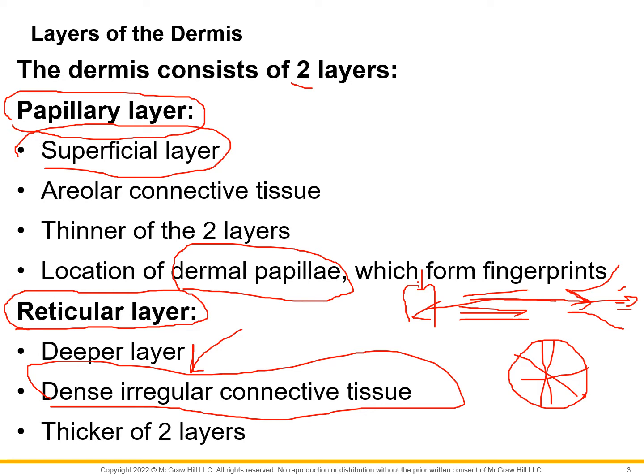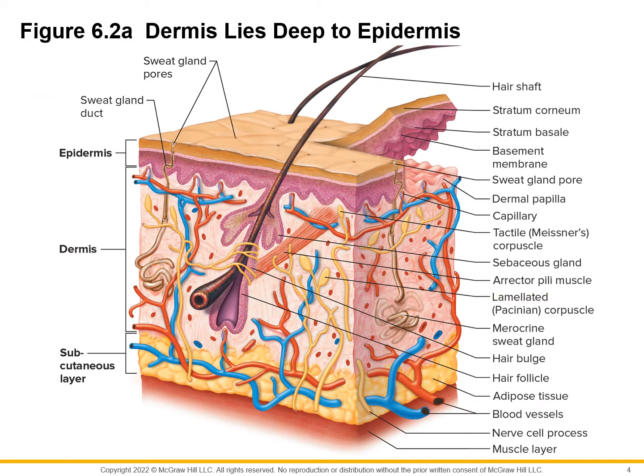And again, it is this reticular layer that is the deeper of the 2 layers. So I have a papillary layer and a reticular layer. So on this, if I just drew it right here, this little part right here would be the papillary layer. The rest of the dermis here is the reticular layer.